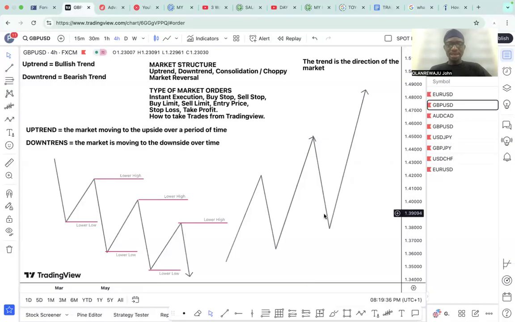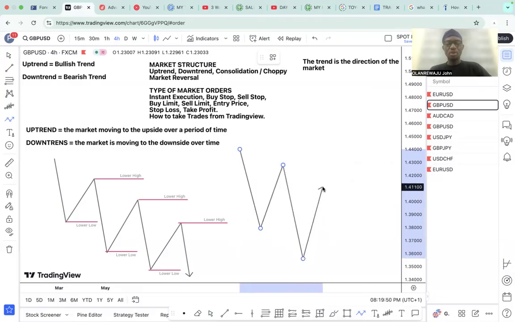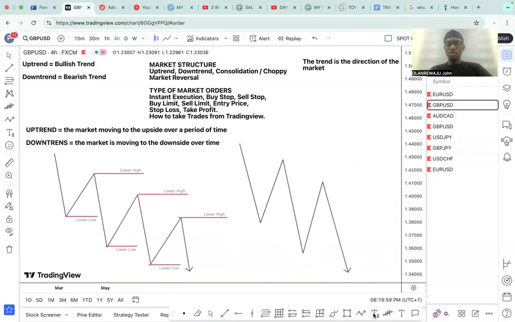And when the market is selling, let me take this off a bit. The market has given you a lower high, lower low. You wait for the market to come and create another lower high so you can join the market in going back down. So that is why mostly when you see the chart that we make for analysis, you realize that price is yet to get to where our price is.